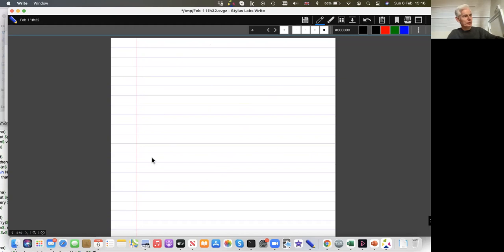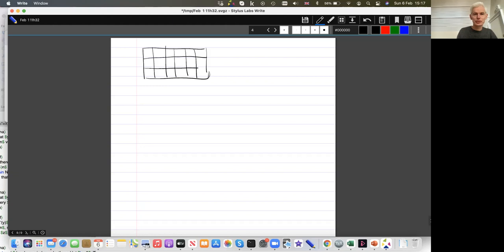I didn't 100% solve it, but I think I got the bit I wanted. So the next question: there's a positive integer in each square of a rectangular table. Oh, I see, a table in the sense of something like this, because otherwise tables don't necessarily have squares. So in each of these squares you've got some positive integer.